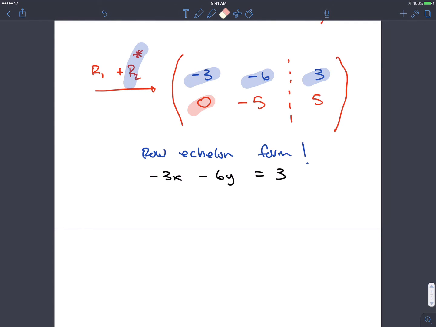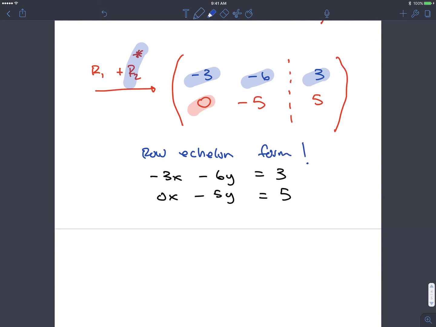The second equation, let's take a look again. We have this 0. So in some ways we can say that's 0x minus 5y equals positive 5. We're going to use these entries and put them back into our system form.